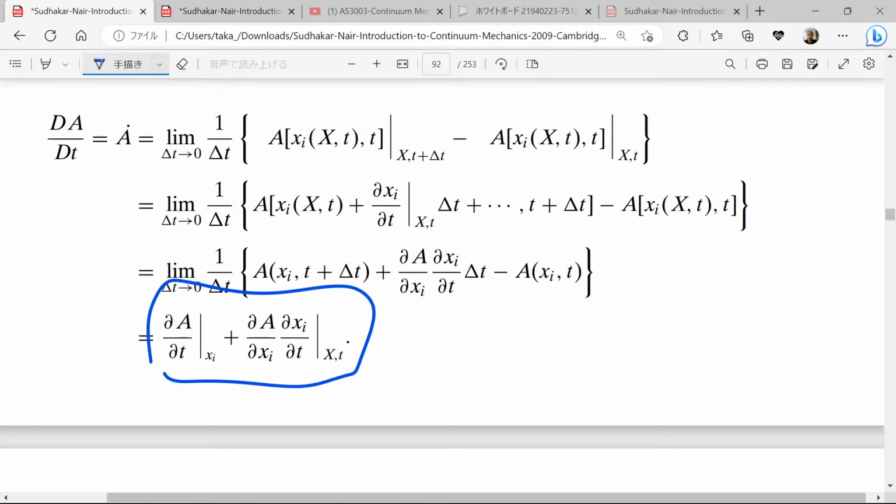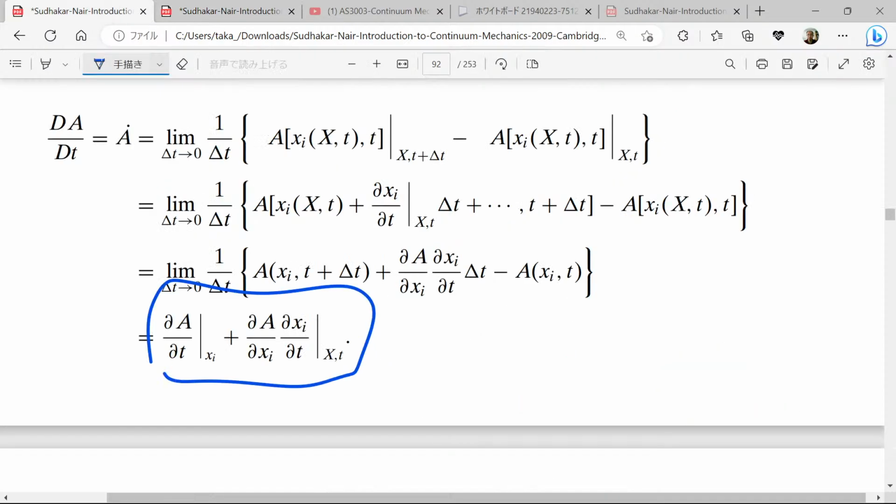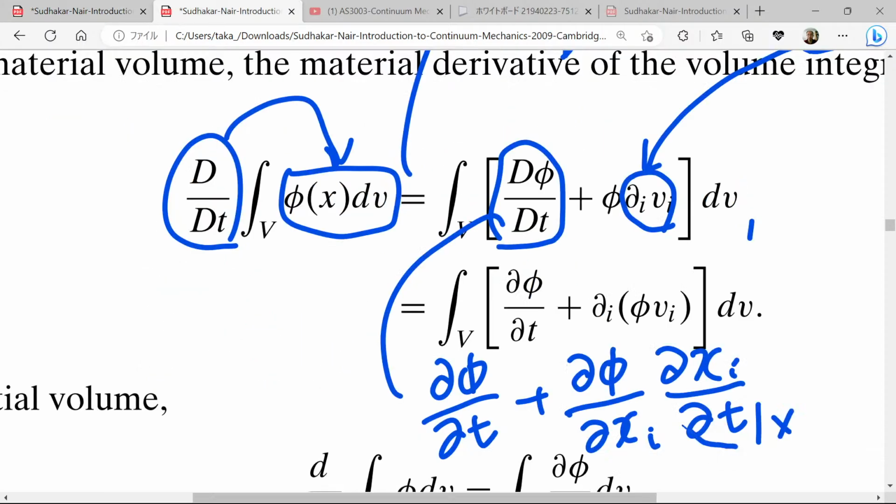Then partial xi, partial t, partial xi partial t for fixed x. And this is velocity. This is vi.